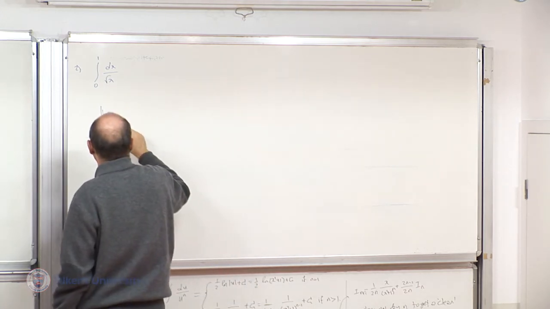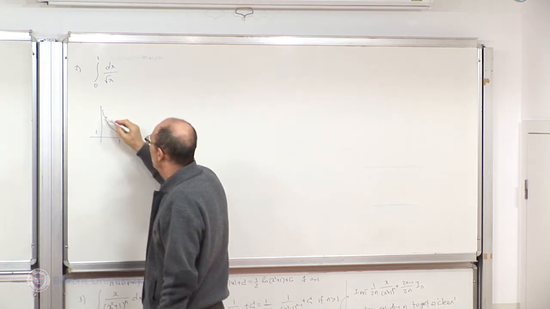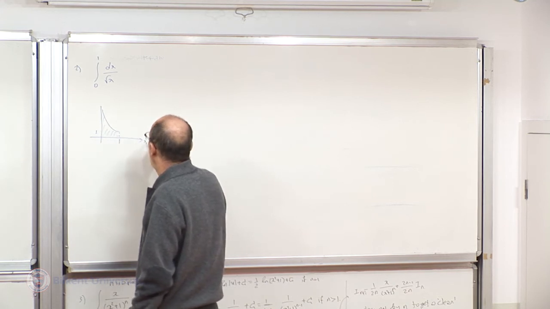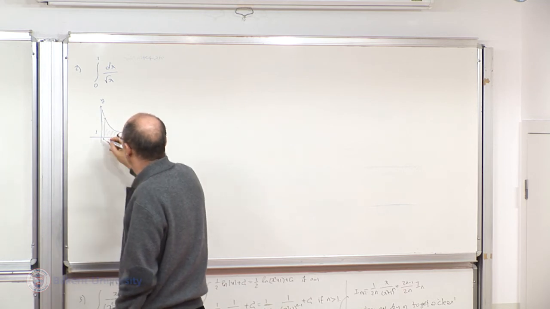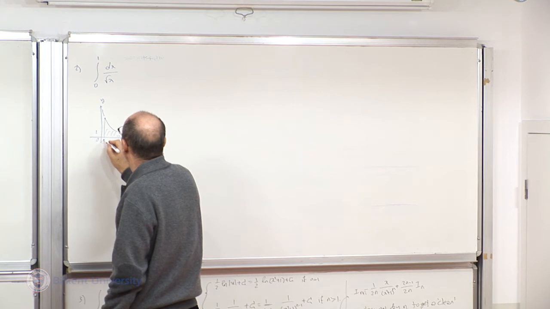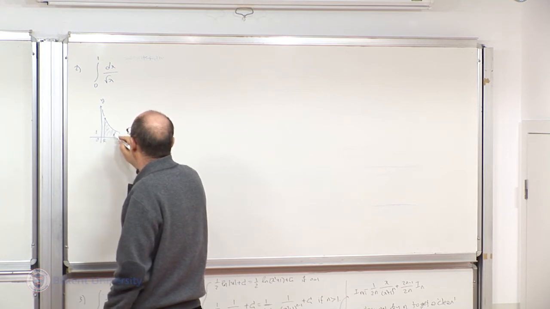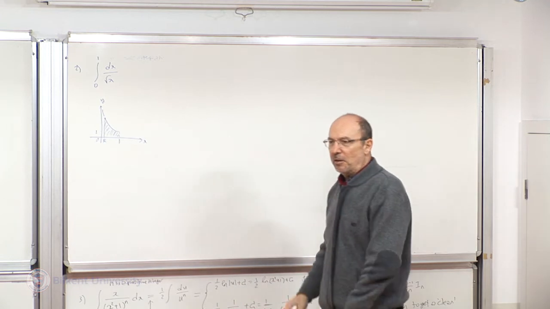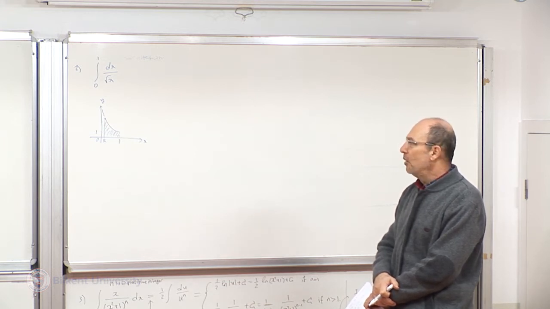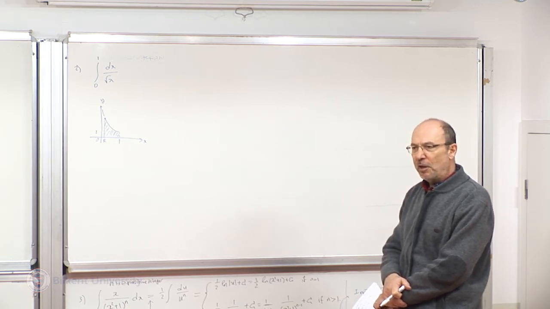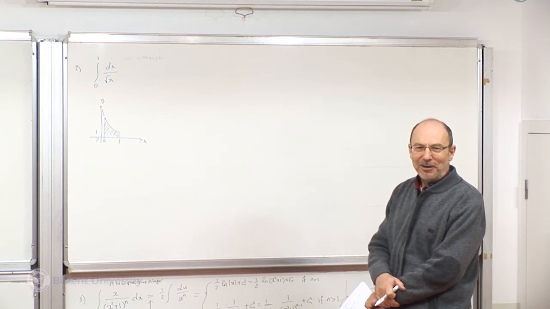So the graph is something like this, and here, if this is 1, this is 1, not to scale. So what we do is we stay away from the bad point. This point is 0, say r. We calculate this area and then send r to 0 from above to check if there is finite area under this curve. The function goes to infinity, but if it goes to infinity fast enough, there is no time to squeeze in infinitely many area there. Whatever that means.